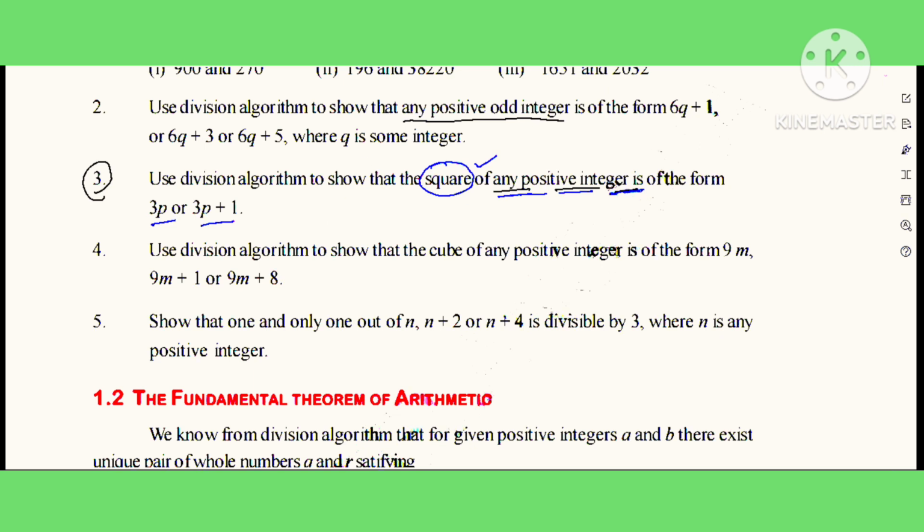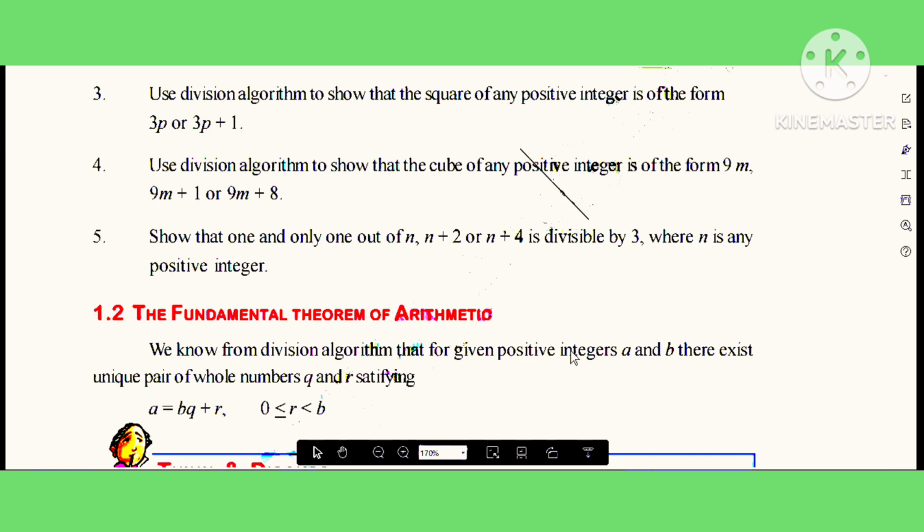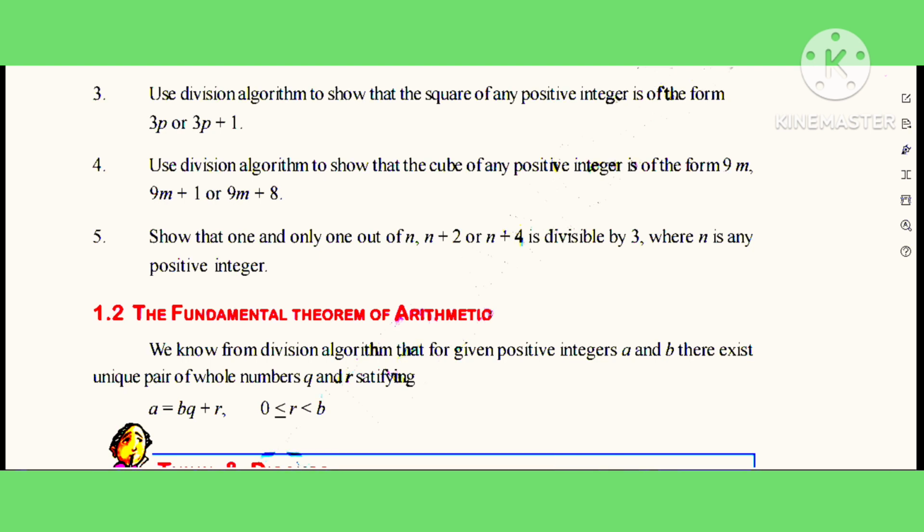Now, how do you do this problem? Let's see. So here we have to consider the square.